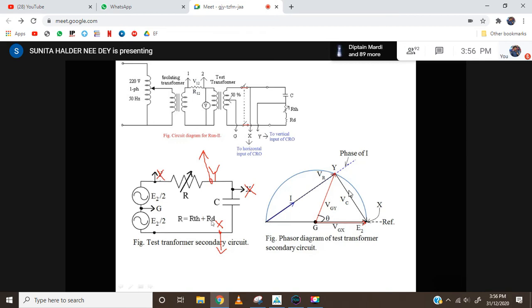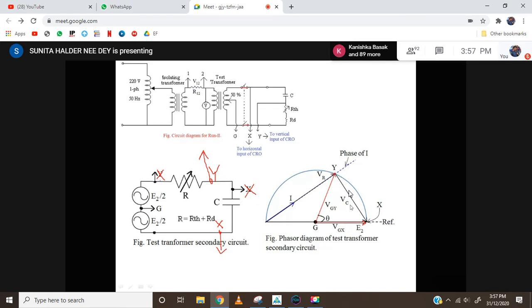Then if we want to draw the total phasor diagram, the voltage drop across this resistance will be in phase with I, so in the same phase I have drawn. Then the voltage across the capacitor will be lagging the current by 90 degrees, because in a capacitor the current leads the voltage.